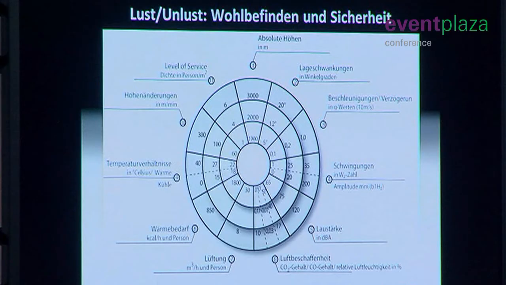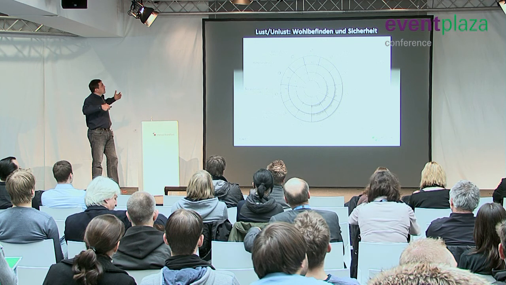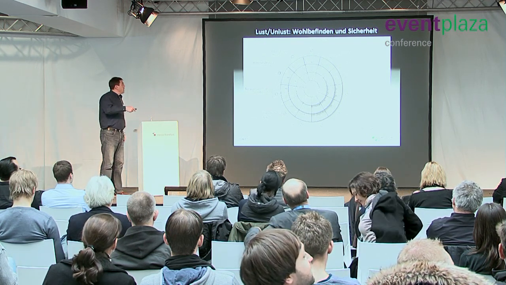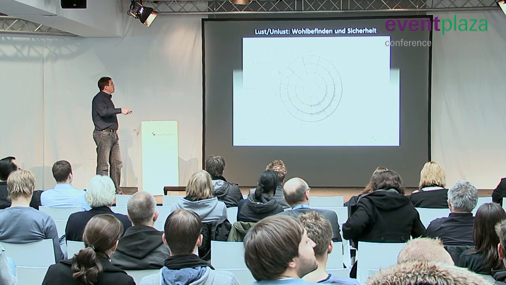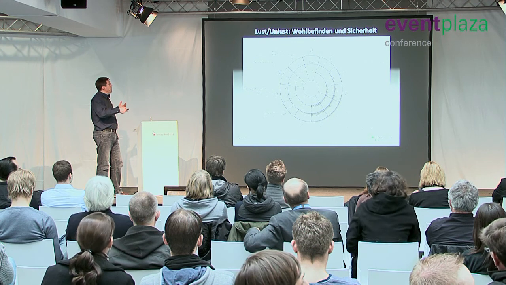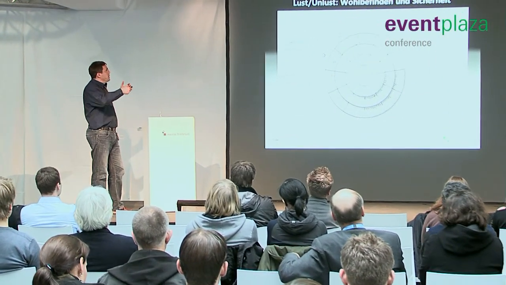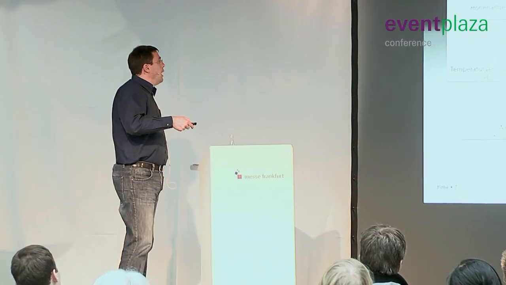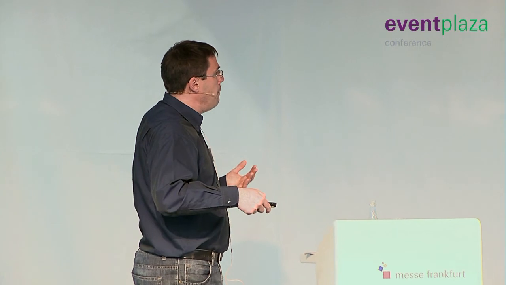Now, if we open this up a little further, we can take a look at factors having an impact on the well-being and safety of human beings. Many of them can be controlled by technical means. Heights, for instance, and fluctuations in position might play a role.